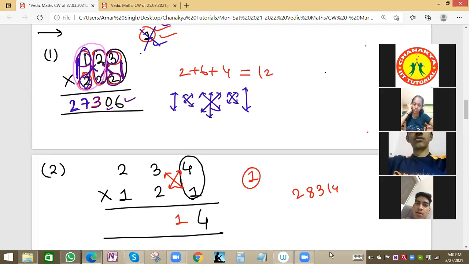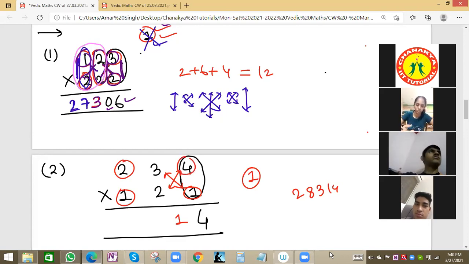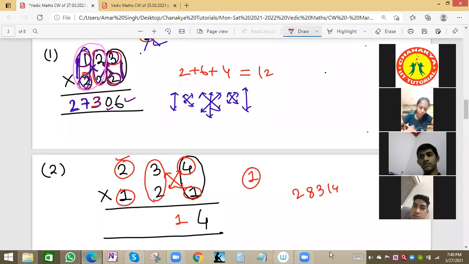Big crossing means we'll multiply 2 and 1, that is 2, and then corner values will multiply: 4 into 1, 4. 2 plus 4 is 6, and these two values will multiply, 6 plus 6 is 12. Once again, let me put in different colors.